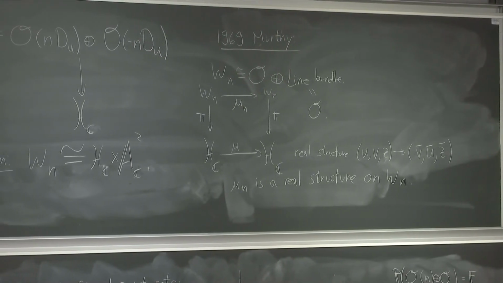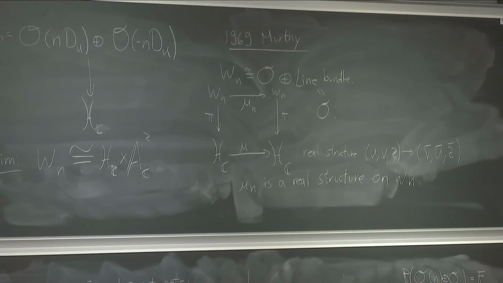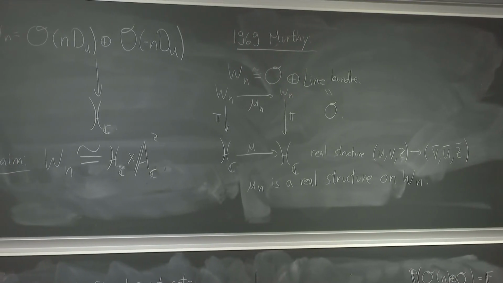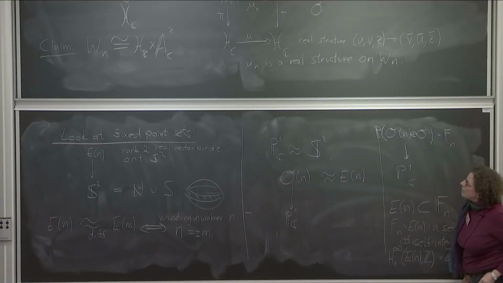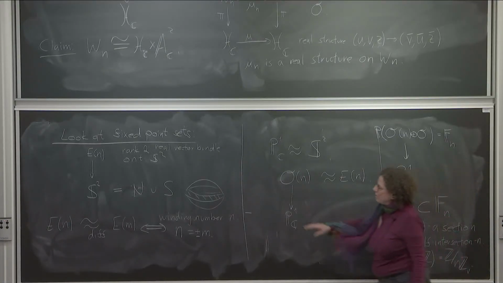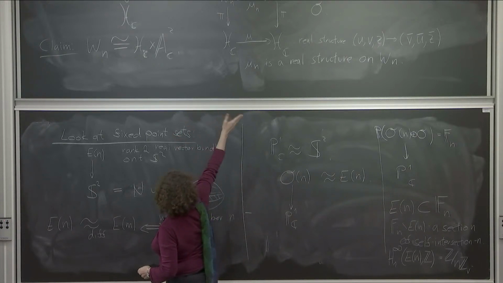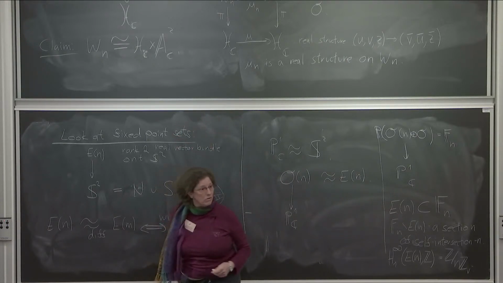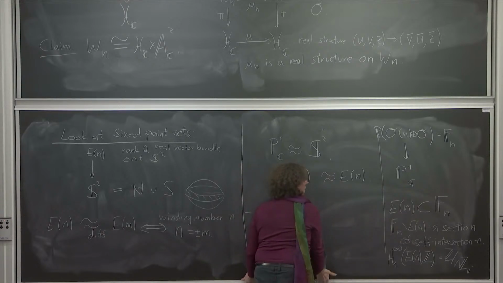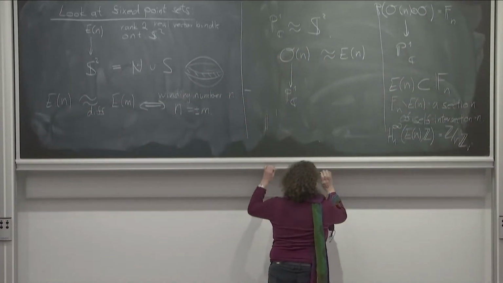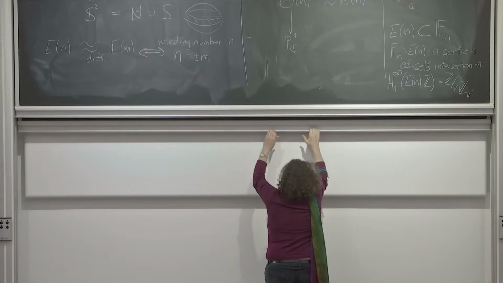This n just gives me the winding number. But this n comes from it, okay? So that means that all of these En, the fixed point sets of these objects, are all different.